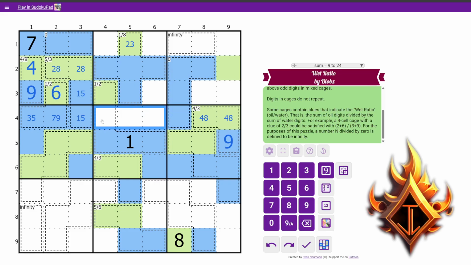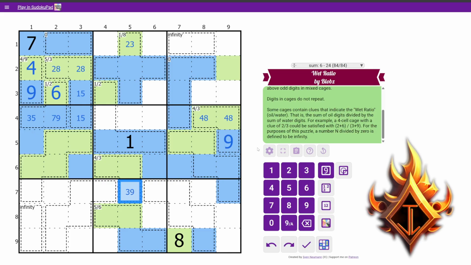So there will be a 2, 6 up here somewhere. This one, it can be 3, 6, or it can't be 6.